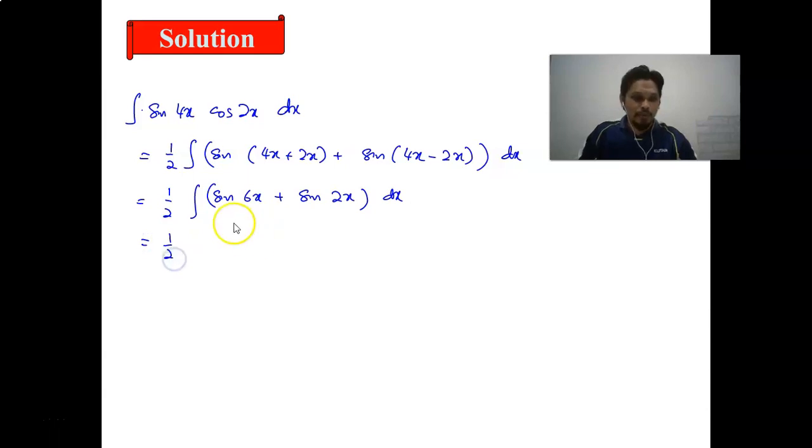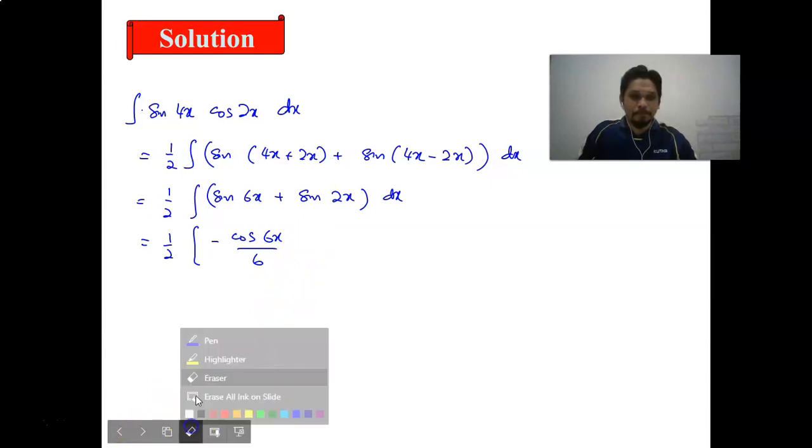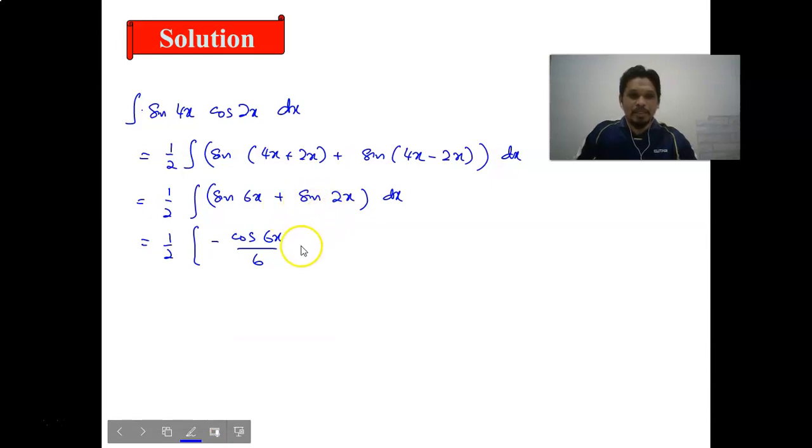So 1 over 2 integral of this, integral of sine gives you negative cos 6x divided by derivative of 6x equal to 6, plus integral of sine, negative cos 2x divided by derivative of 2x equal to 2, plus c.